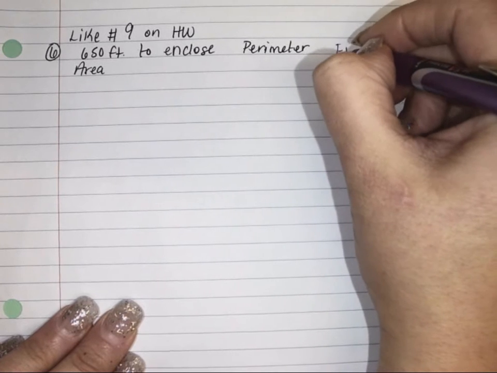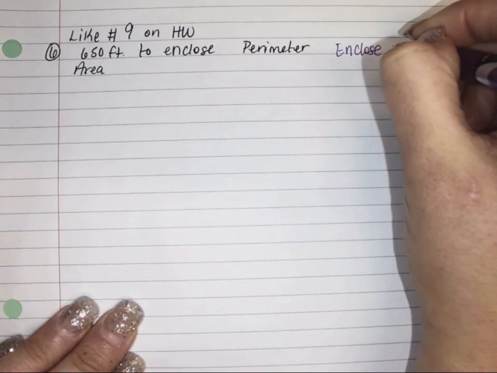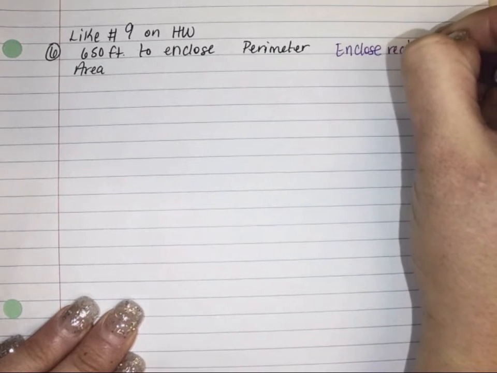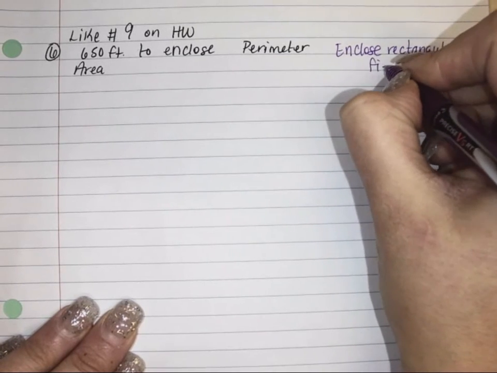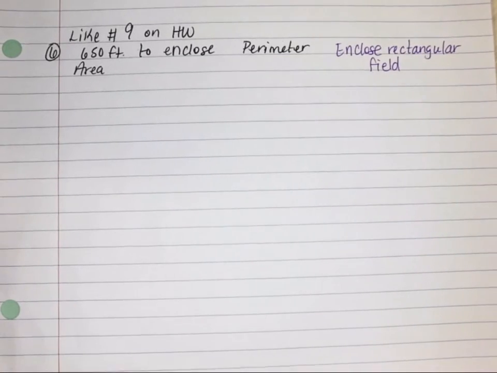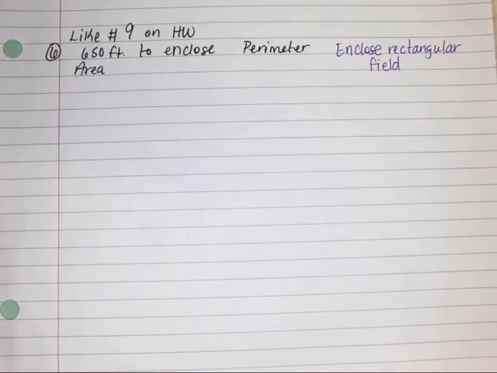So we're trying to enclose a rectangular field. And you have to determine, am I dealing with perimeter, area? What am I talking about? So anytime they say fencing around an area, that's always perimeter. So fencing around some type of perimeter.